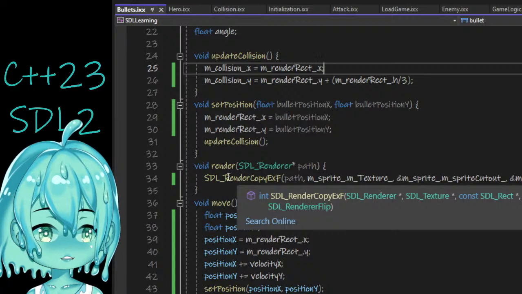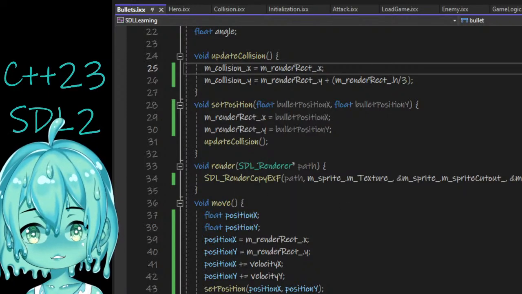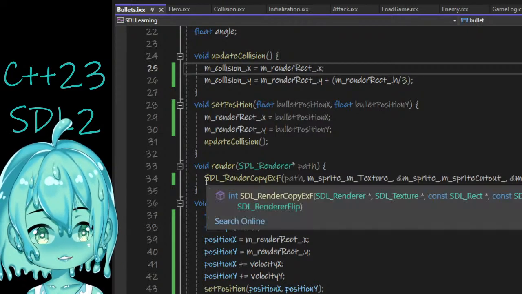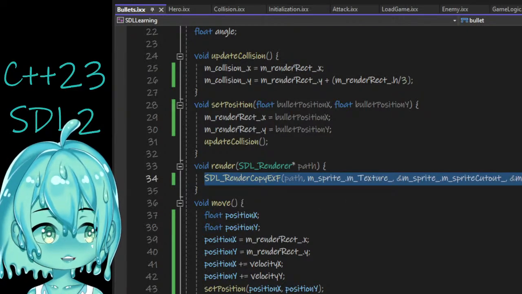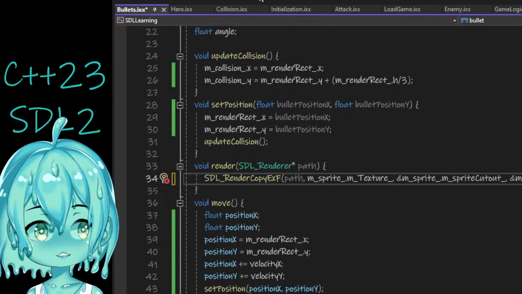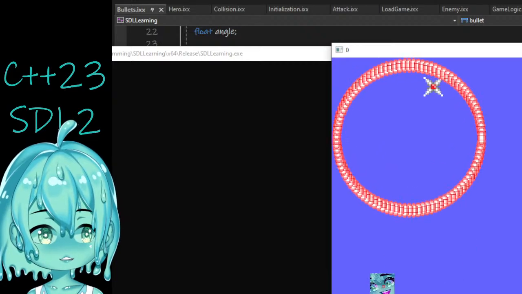The renderer already handles all rotations in the render. We're not actually applying the angle anywhere except right here. In fact, if we change this to 0 and nothing else, they're all perfectly vertical.